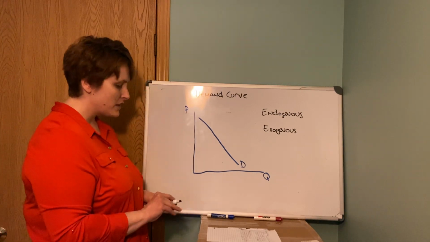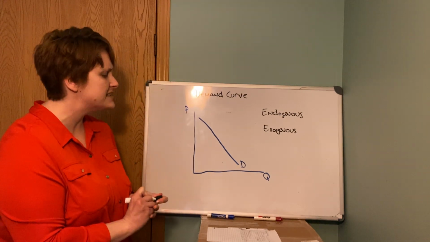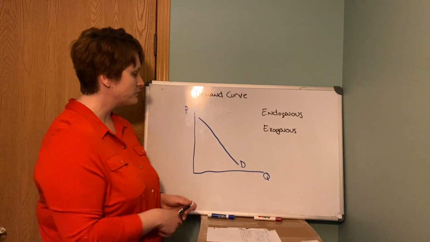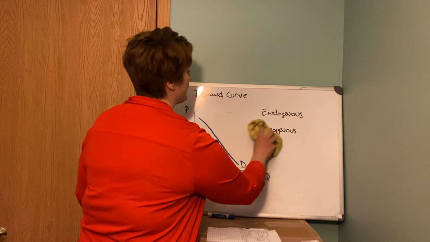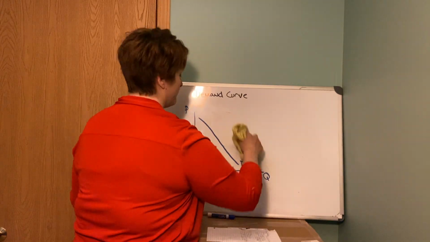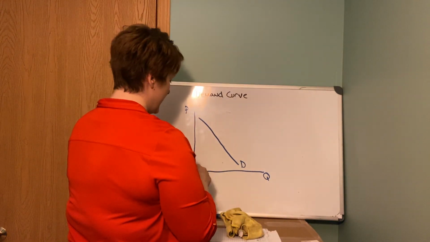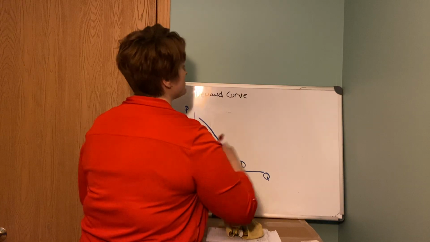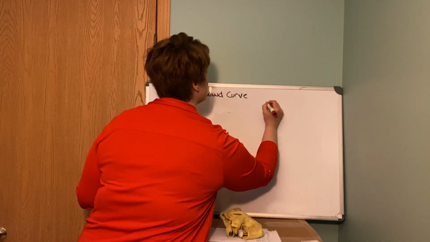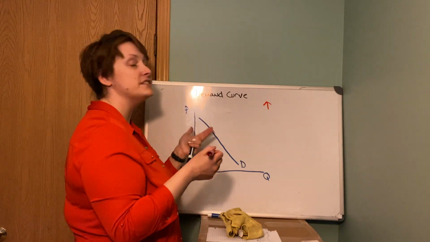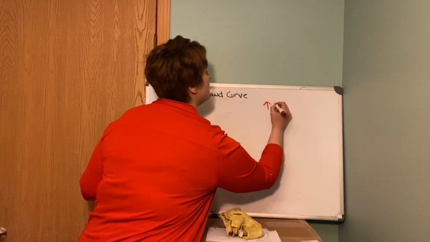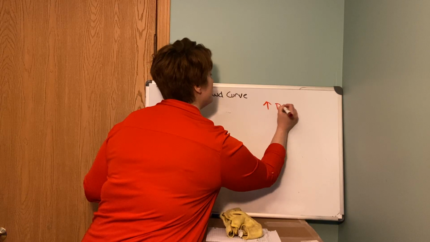So first, let's walk through and see what this looks like. Let's look at an increase in demand. So we say demand increase. I like to use arrows for increase and decrease, so you'll often see me abbreviate. Increase in demand.